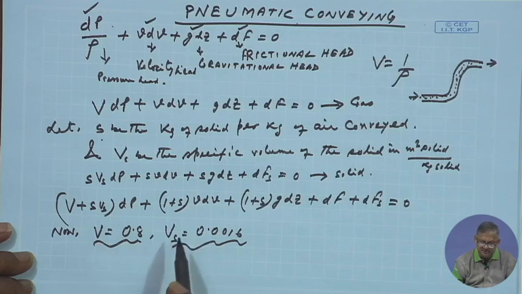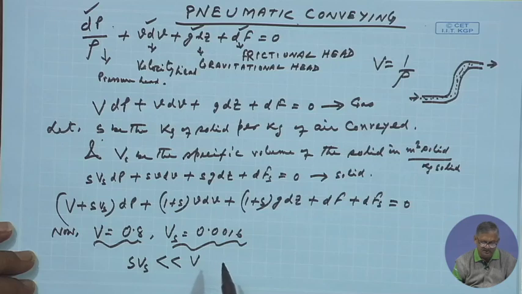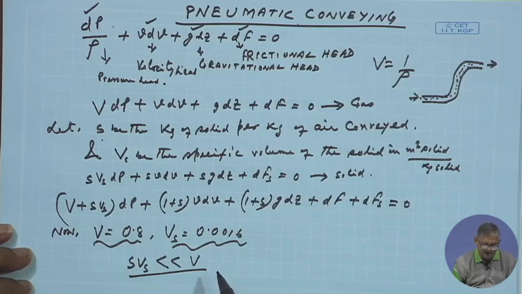So, specific volume of the gas or fluid is much higher than that of the solid. So, we can write that S times Vs is much smaller than V, right. If that be true, then we can neglect that S Vs term.